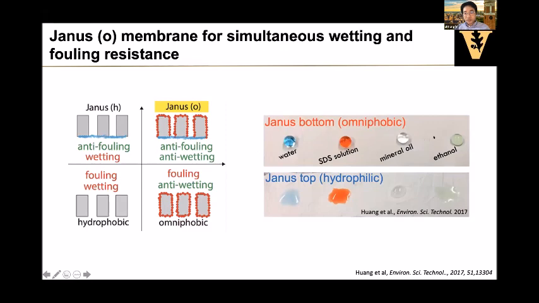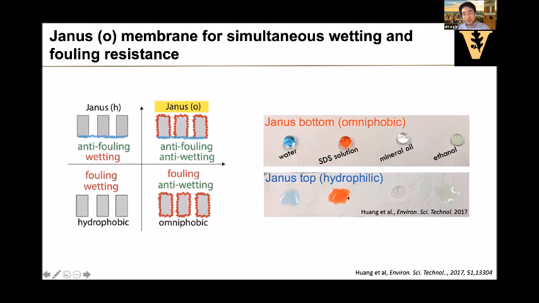We made such a membrane by modifying commercial membranes back in 2017. This is the bottom of the composite membrane, the Janus membrane, which is amylophobic. And this is the top of the Janus membrane, which is hydrophilic and oleophilic.